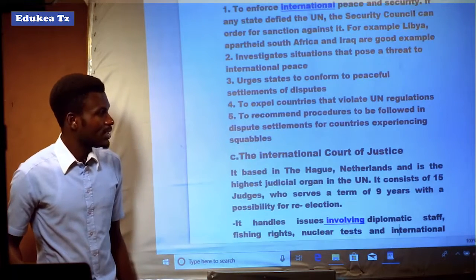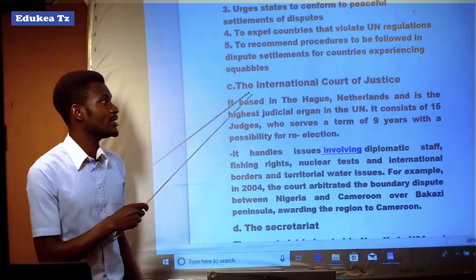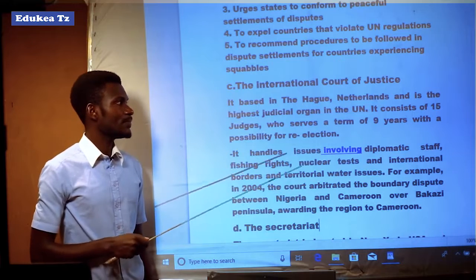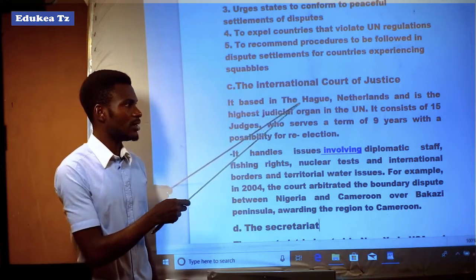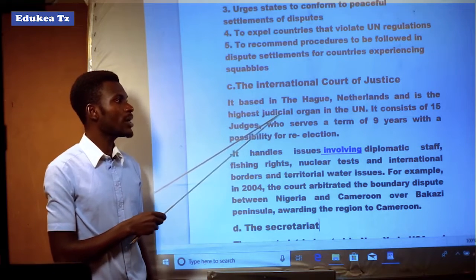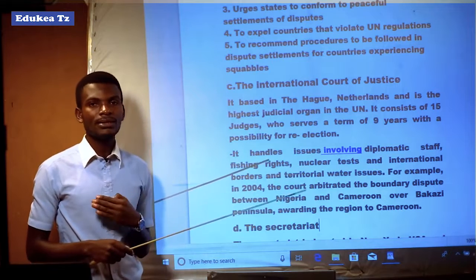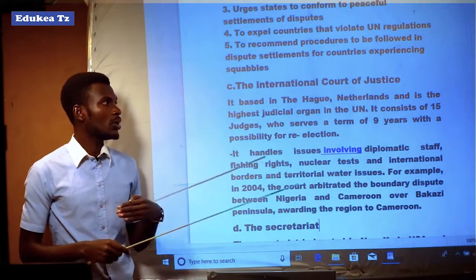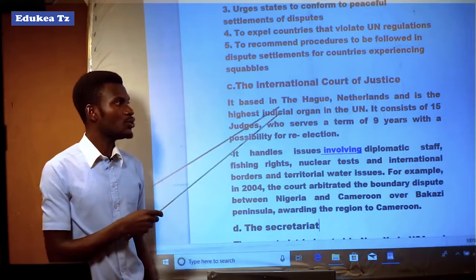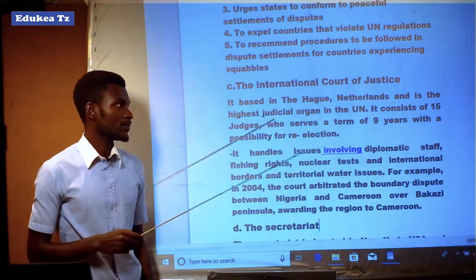Let us see the third organ of the UN. It is the International Court of Justice. It is based in The Hague, Netherlands, and is the highest judicial organ in the UN. It means the International Court of Justice is the international judicial organ in the world under the UN, and its headquarters is in The Hague, Netherlands.